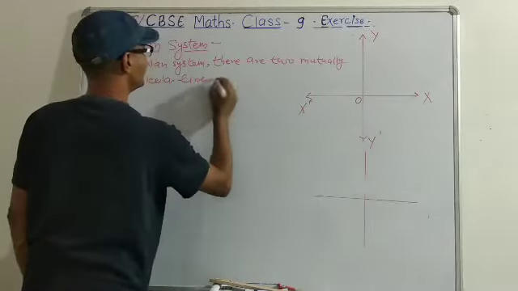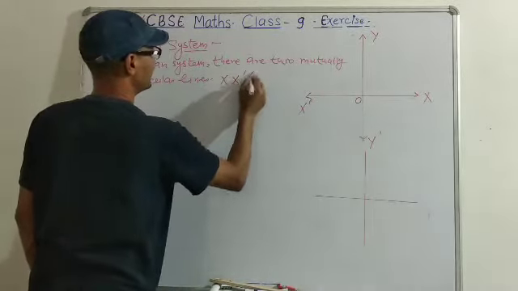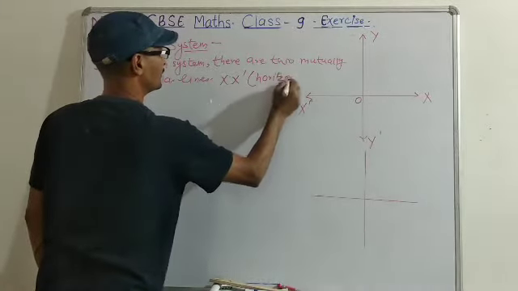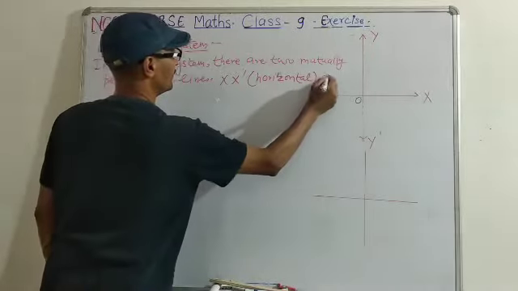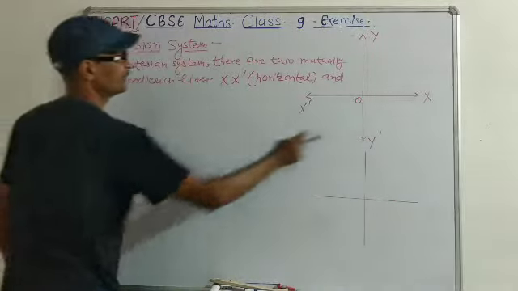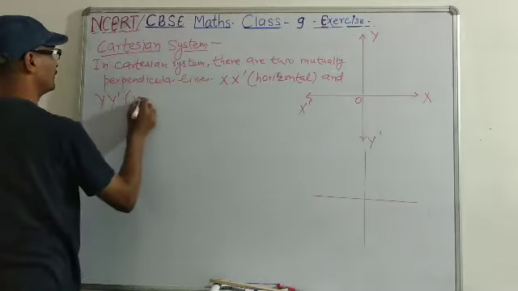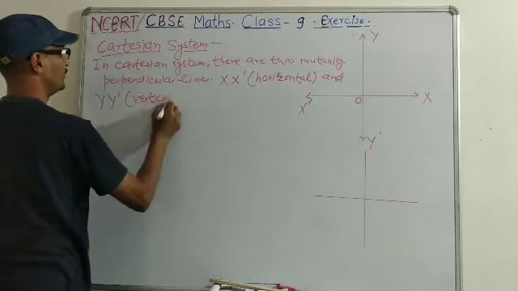First is x dash, it is horizontal, and this y dash is vertical.